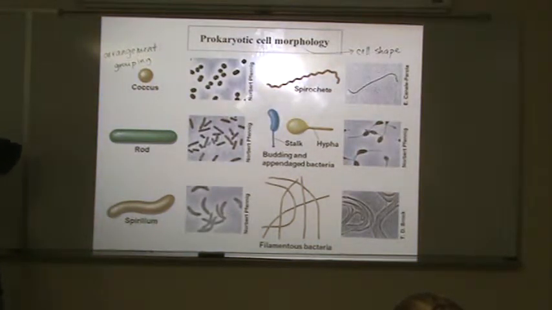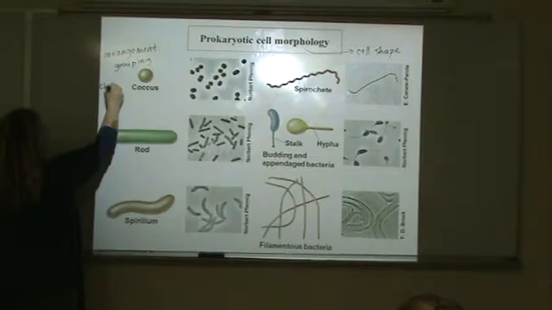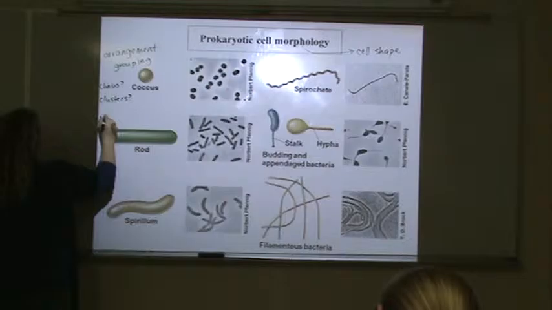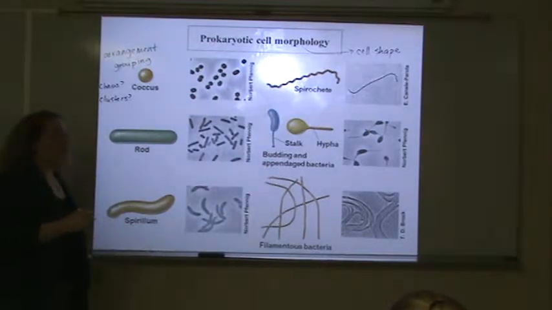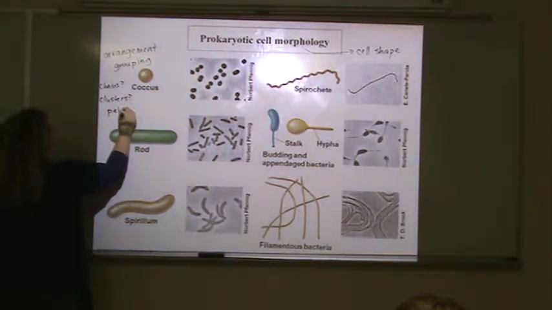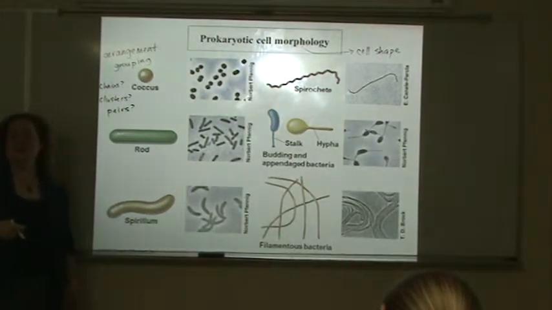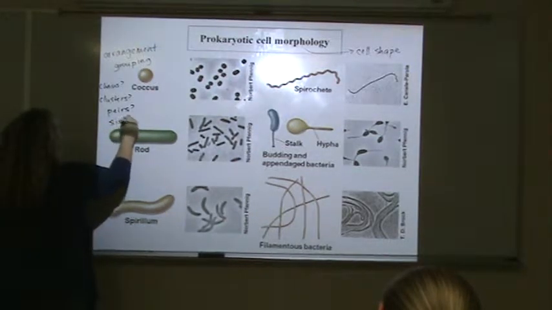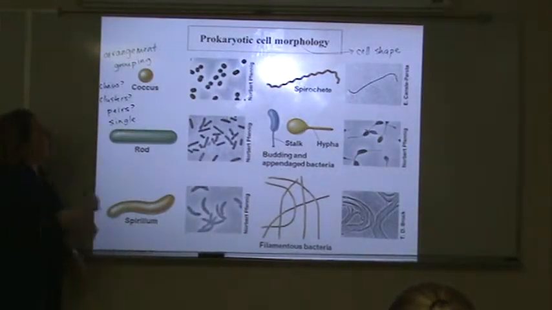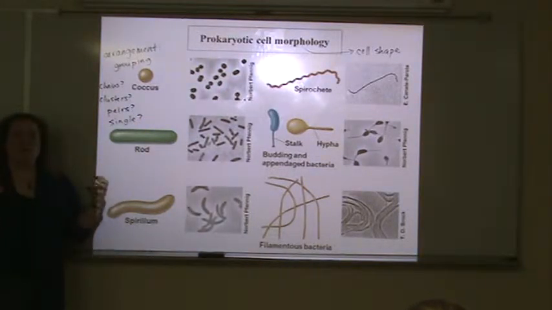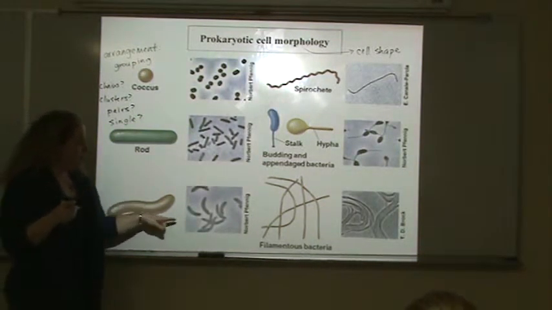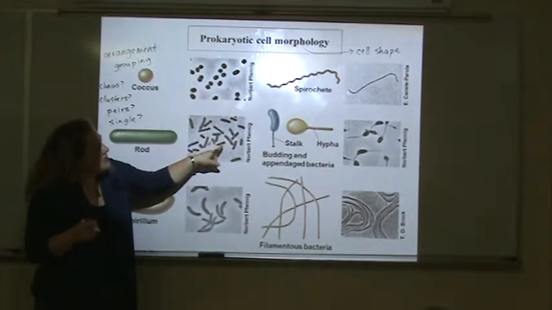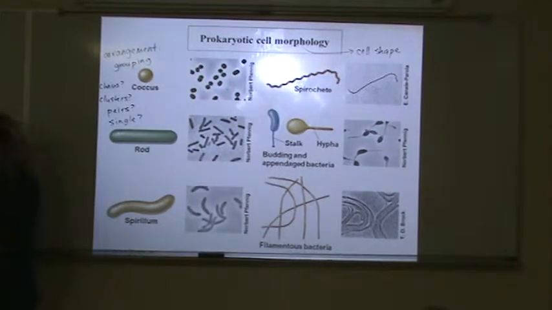So are they chains? Are they clusters? Pairs? Sort of say diplos. Diplococcus. Pairs of coccus-shaped cells. Or are they single? There are some bacteria that do not stay attached once they divide, and they just appear as single cells like these. All of these actually are appearing as single cells in this picture.